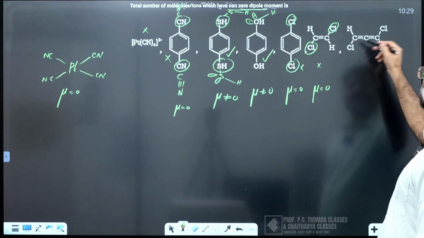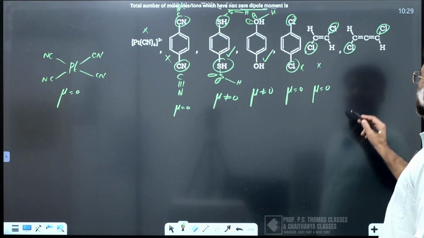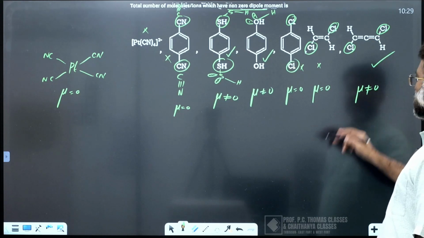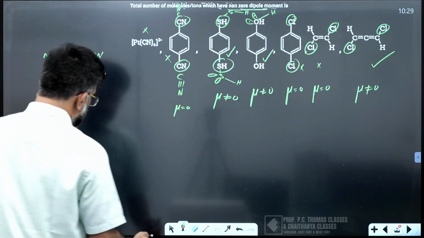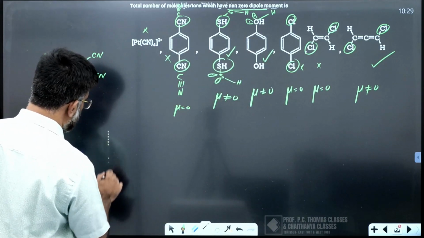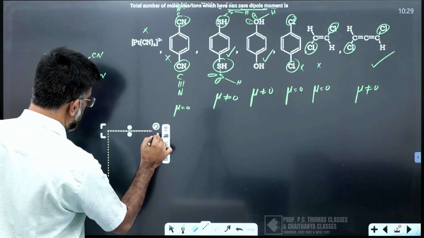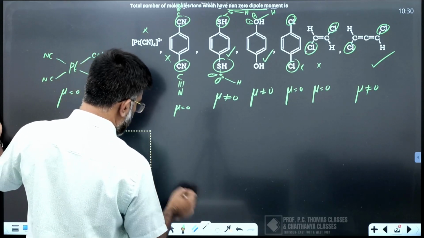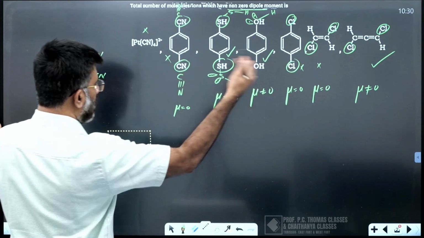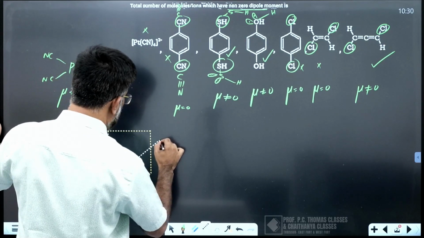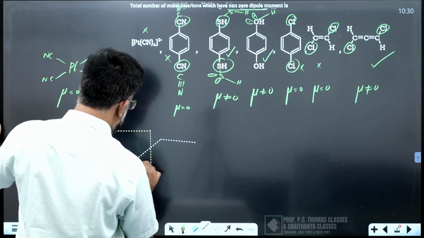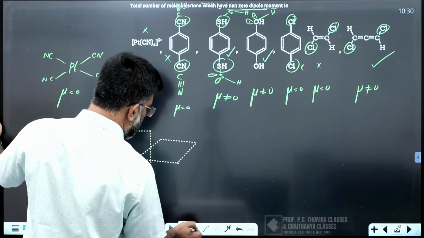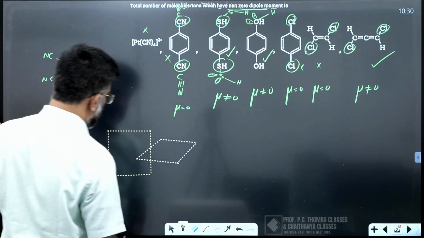What about here? As it is given, it seems like a trans position, but you can see it will make a dipole moment a non-zero value, because the system is available like this. The two parts of the carbon are available in different planes, like this. And naturally they maintain a different character.